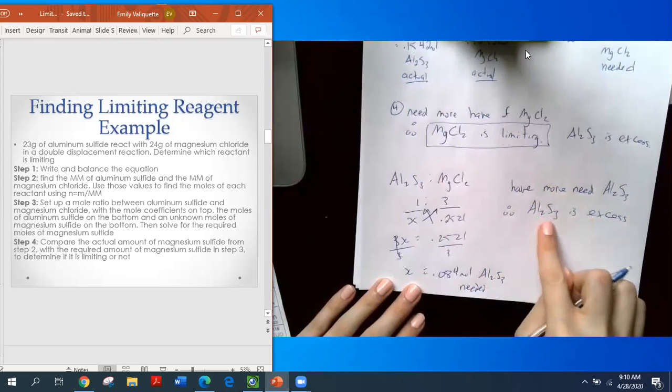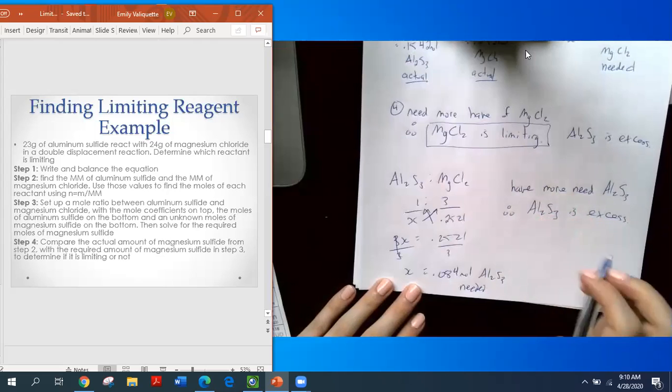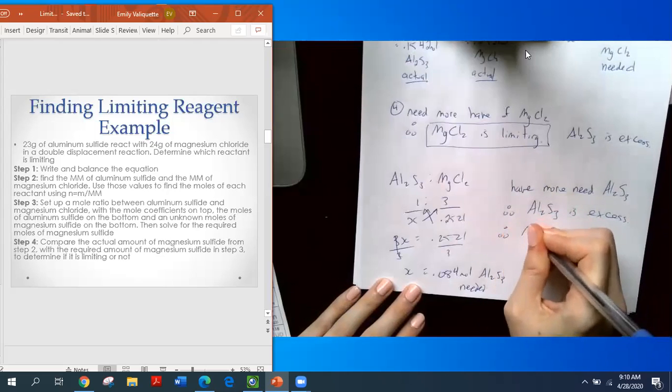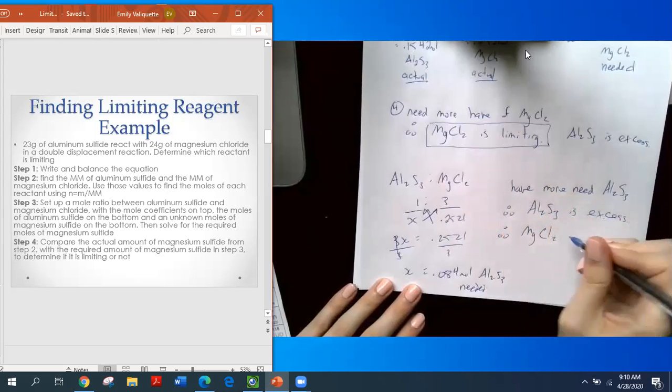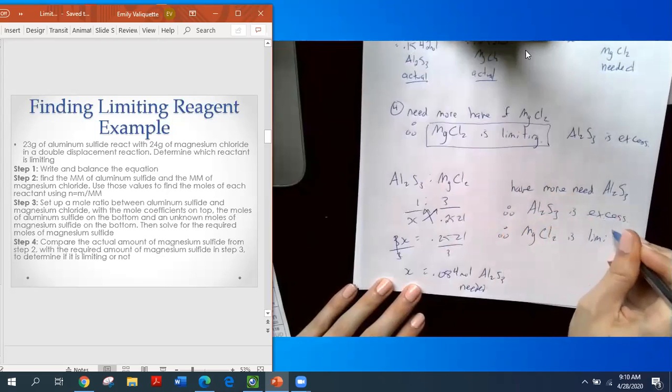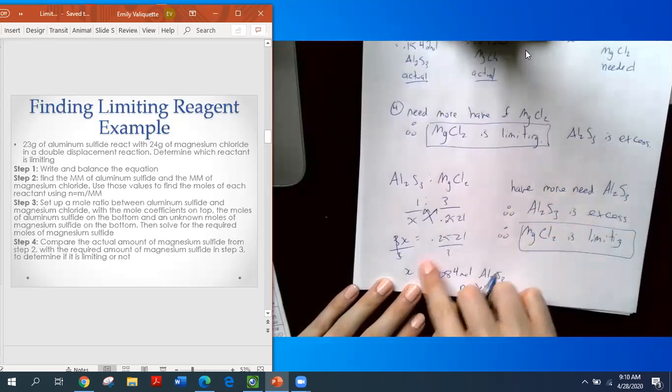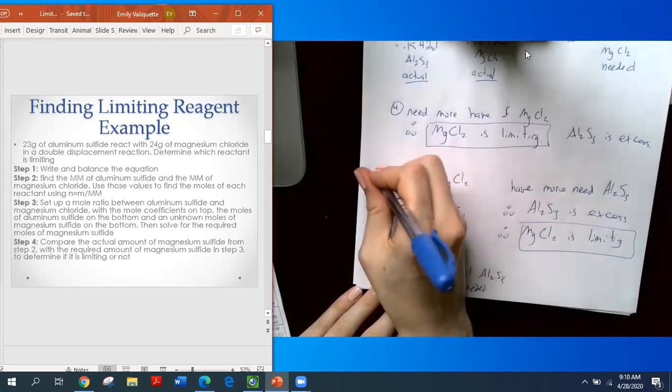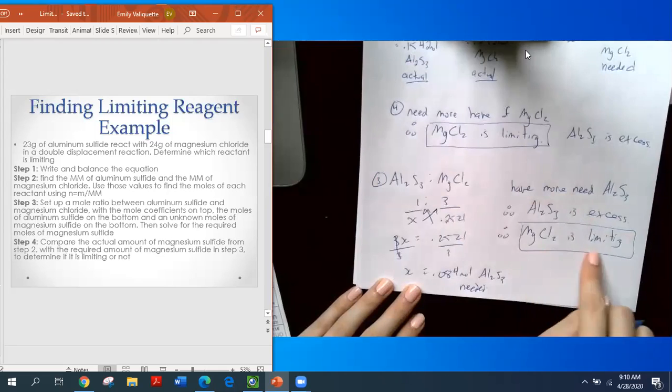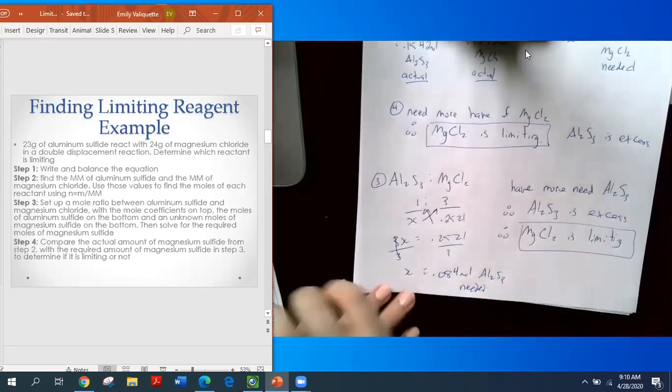And as soon as I find out what my excess reagent is, that means the other reagent is limiting. So either way, regardless of which mole ratio you did as your third step, you still would have got that magnesium chloride is limiting. Okay.